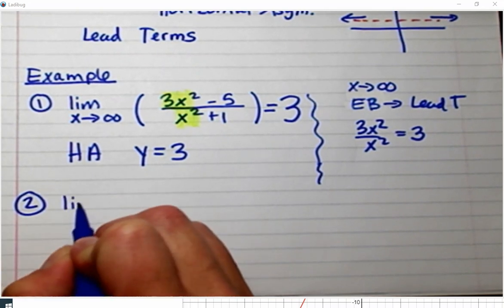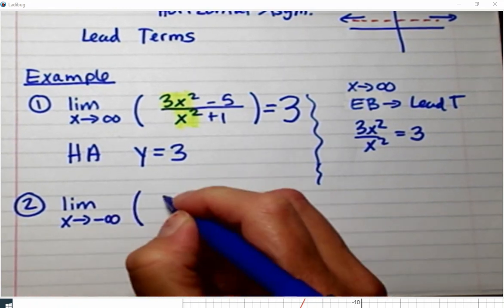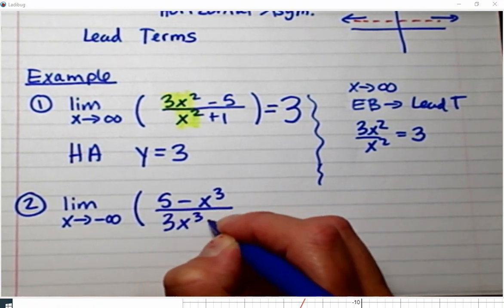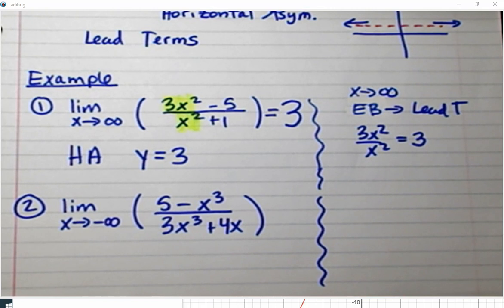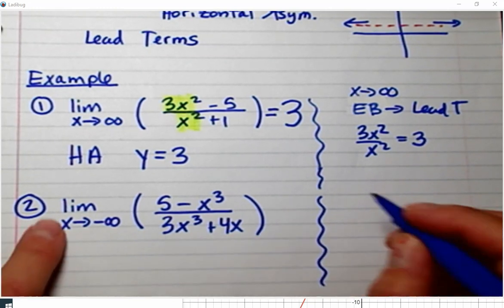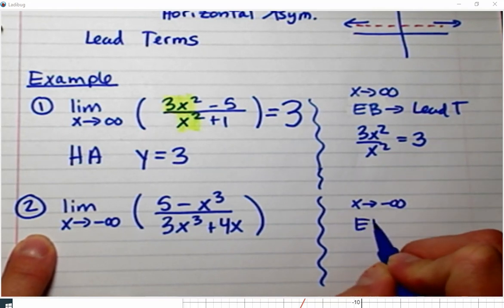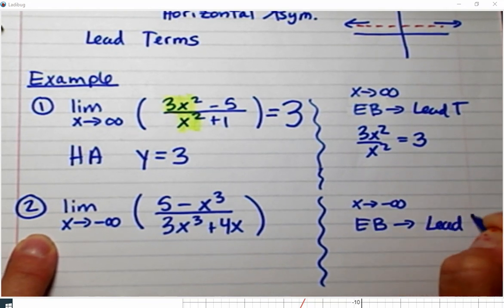Okay. The limit as x approaches negative infinity, 5 minus x cubed over 3x cubed plus 4x. I know x is going to negative infinity, so I'm in the end behavior category, which means that I look at the leading terms.